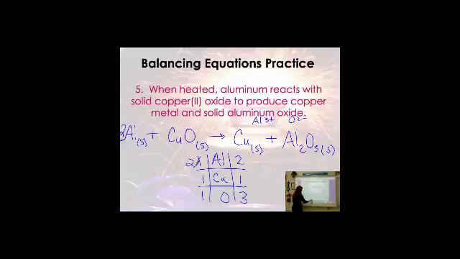If I need 3 oxygens on the left, the 3 coefficient out here, that also changes my copper to a 3, which I can then update on the right. And I should be balanced with 2 solid aluminums plus 3 copper oxide solid yields 3 solid coppers, and 1, if there's no number here, we assume that it's a 1 coefficient, solid aluminum oxide.